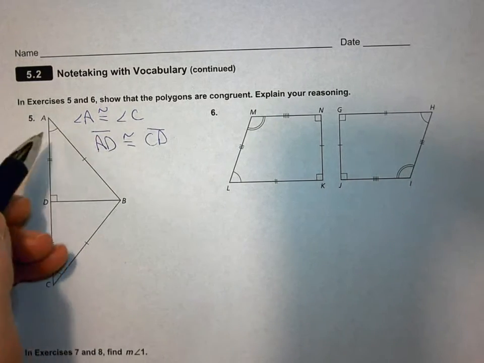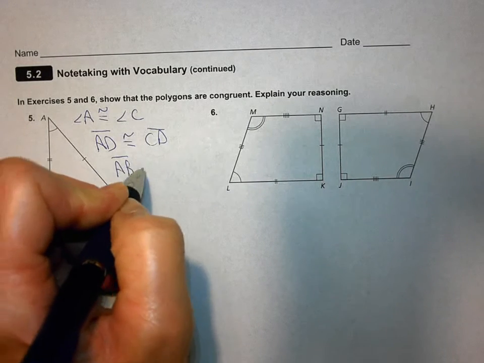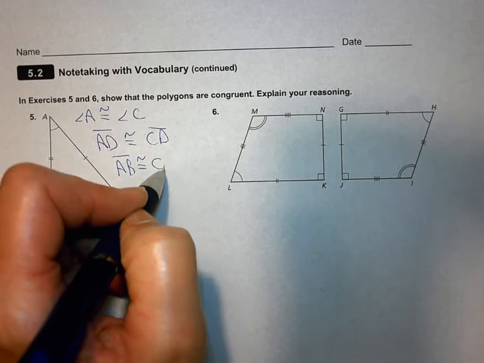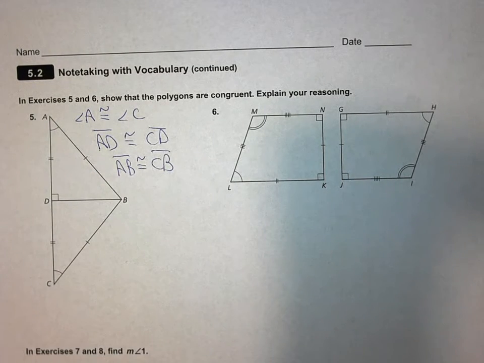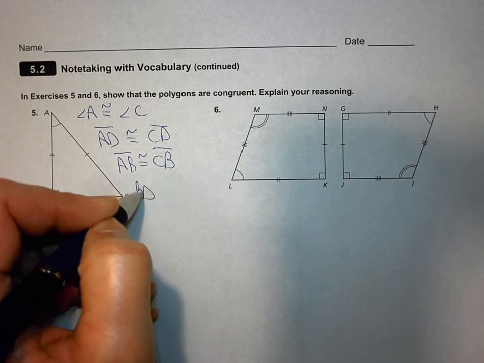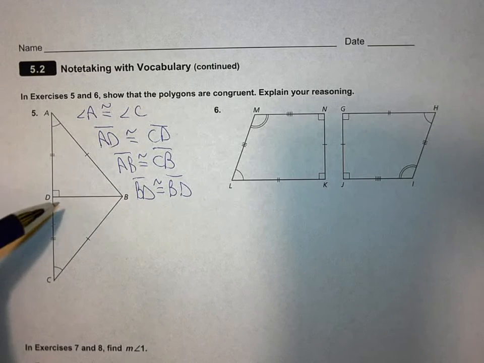I also know that this piece is congruent to that piece, so if I say AB, it's going to be congruent to CB. And if you look, BD is shared by both, so actually BD is going to be used on both triangles because it is a shared side.